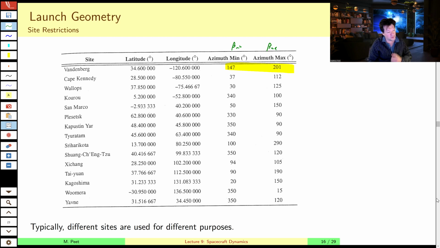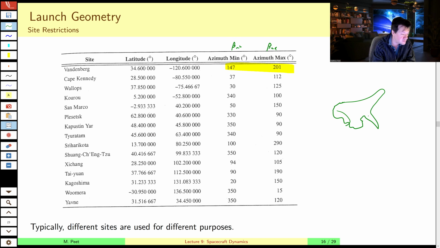Right, so let's go through this problem a little bit more carefully. Here we've got several ranges of azimuth. I'll just draw my picture. Here's the United States. There's Florida, Texas, and California is over here.